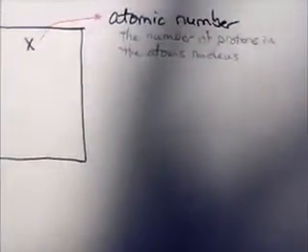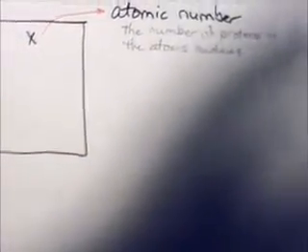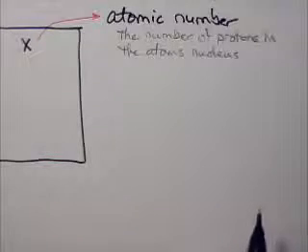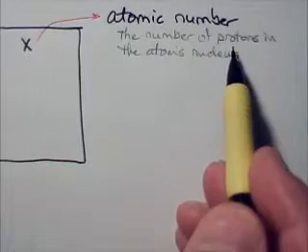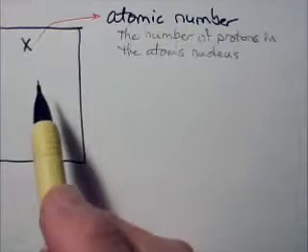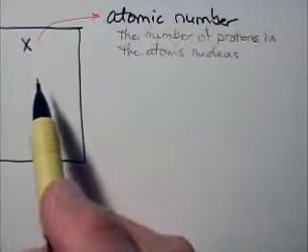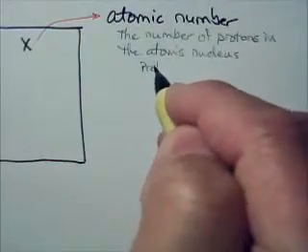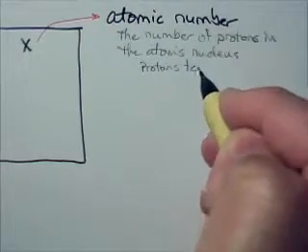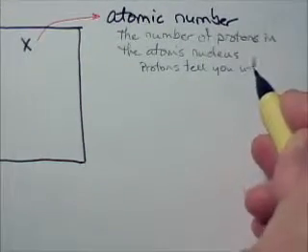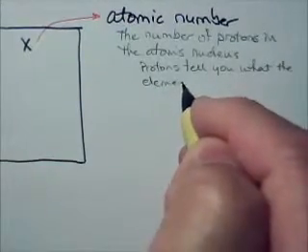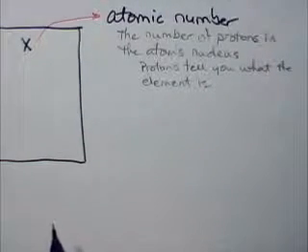Now there are two kinds of major particles, if you will, in the nucleus, and that's protons and neutrons. Okay? But it's the protons that identify what kind of element we have. So protons are important because protons tell us what kind of element we have. Okay?